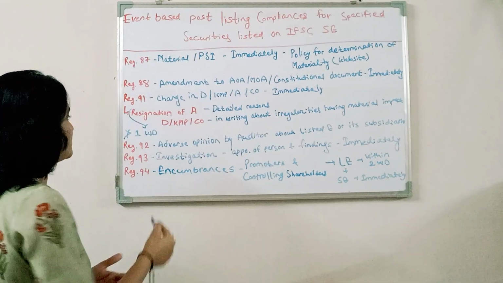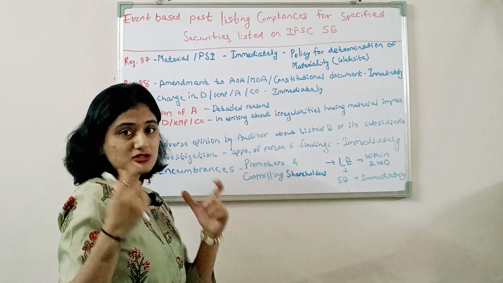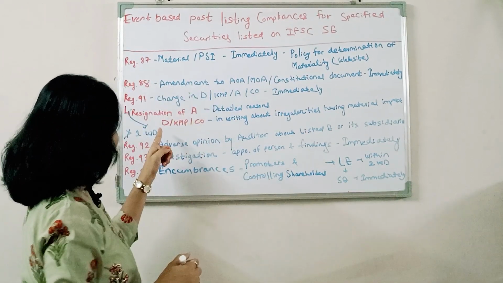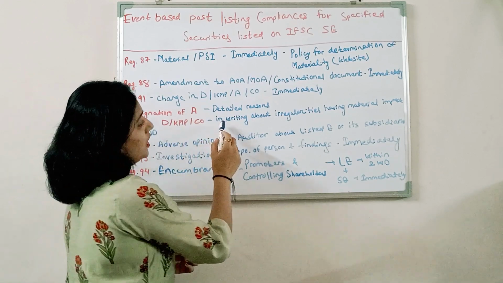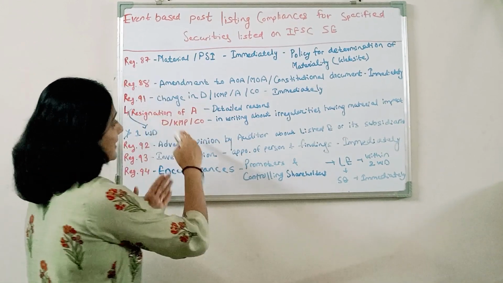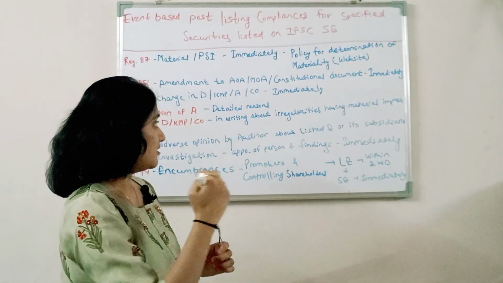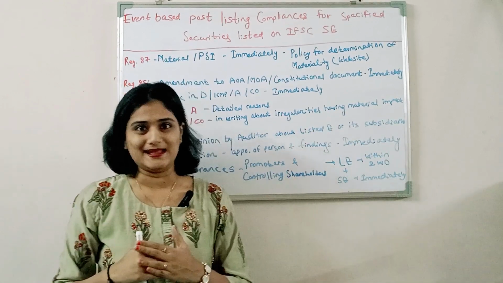However, in case of resignation of auditor, you have to also give the detailed reason for the resignation of such auditor, and in case of resignation of the director, KMP or compliance officer, such director, KMP and compliance officer have to give in writing if they are aware of any irregularity having material impact on the listed entity.